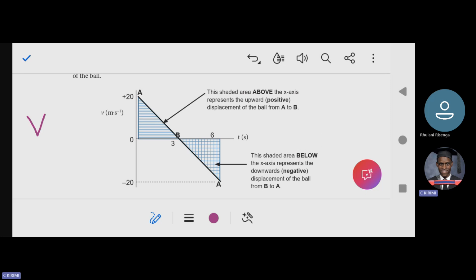So velocity times time: velocity is in meters per second, which is your axis, and then times time, which is in seconds. When the units cancel, seconds and seconds, you're left with meters. So displacement is given by the area under the graph.